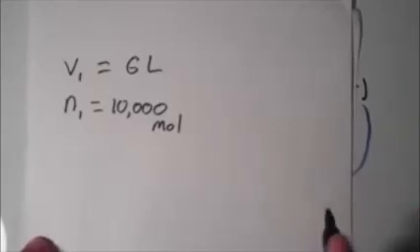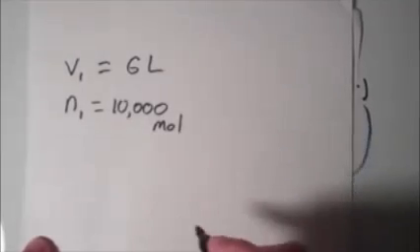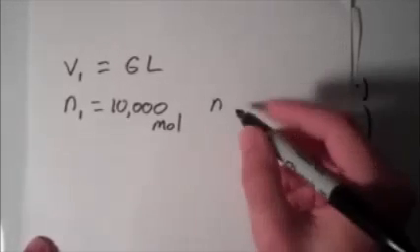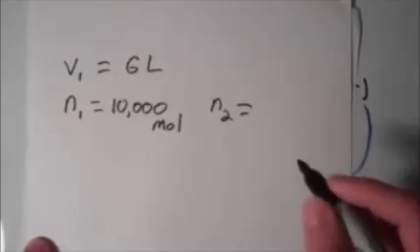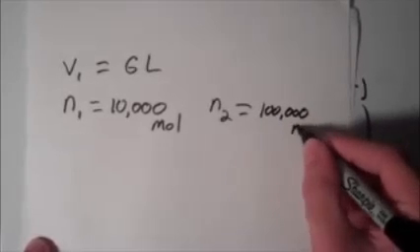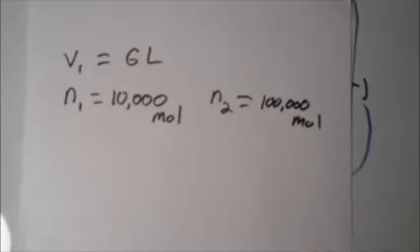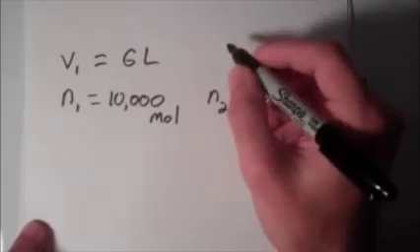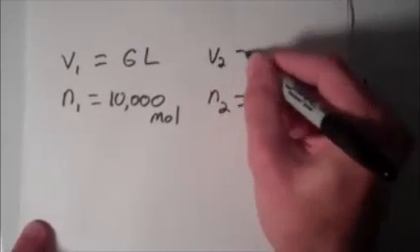If I were to change the amount of gas, the amount of moles of gas, to, let's say, 100,000 moles. So if I increase the amount to 100,000 moles, what is going to be my new volume?